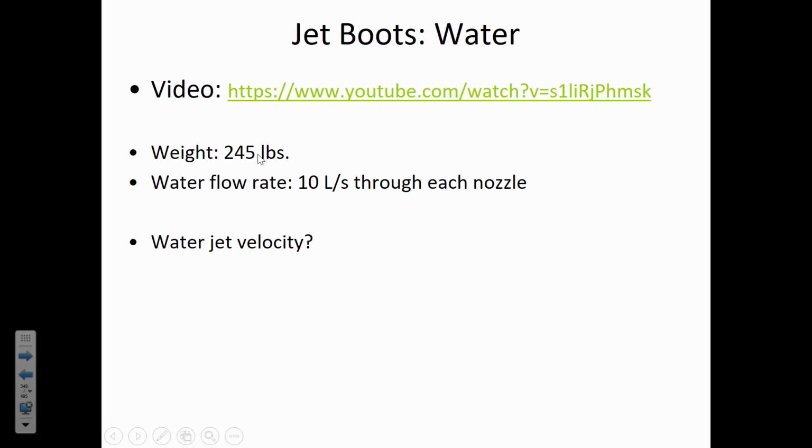A liter of water has a mass of a kilogram. So if each of the two jets is 10 liters per second, then the mass flow rate is how many kilograms per second? It's 10. 10 liters is 10 kilograms, and there's two of those. So in total, we have 20 kilograms per second going out through the boots.